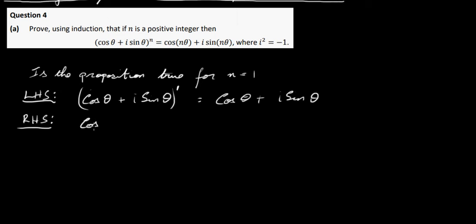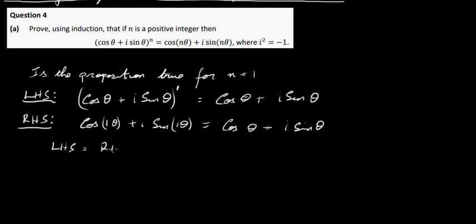So we've got cos n theta, in other words cos 1 theta, plus i sine 1 theta. That's just going to be equal to, again, cos theta plus i sine theta. So the left hand side is equal to the right hand side, therefore it's true for n equal to 1. Okay, so that's just step 1 if you like.